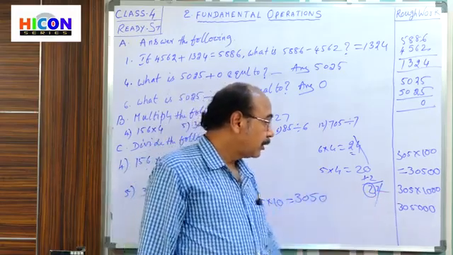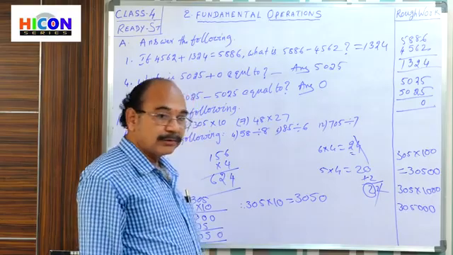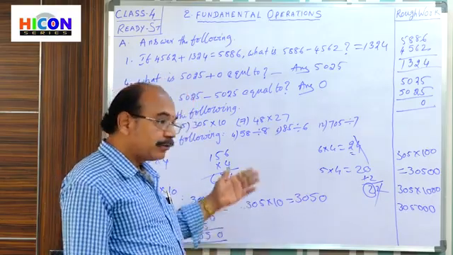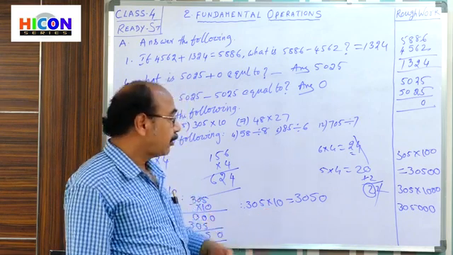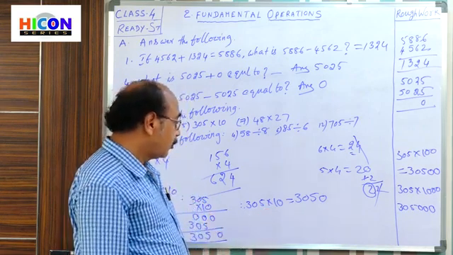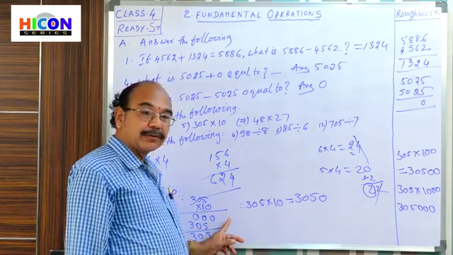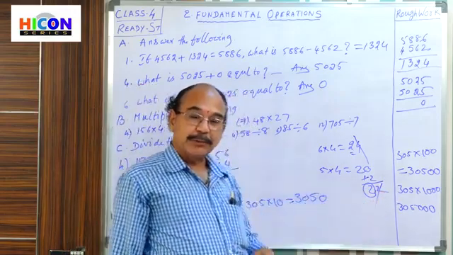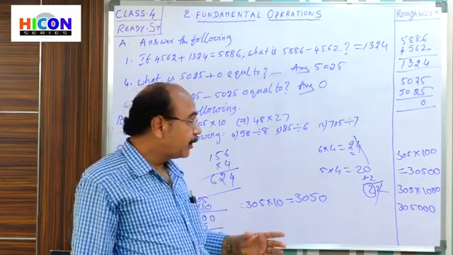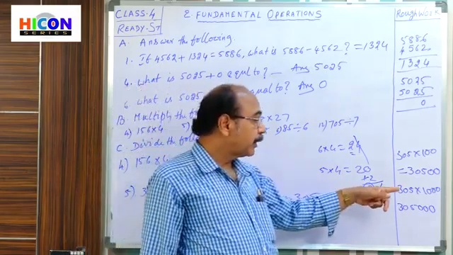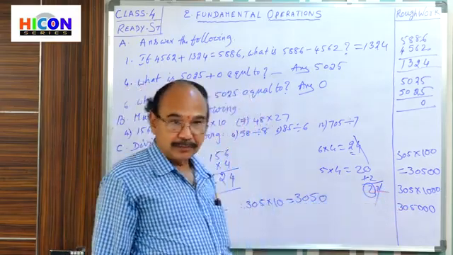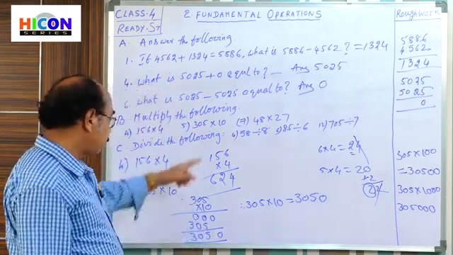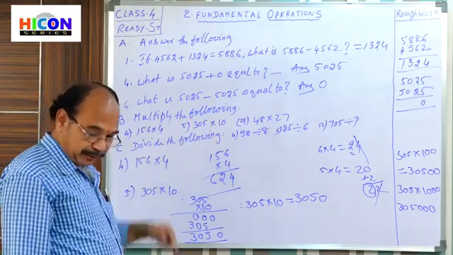This is the easy process of multiplying a number with 10, 100, 1000, etc. This is without actual multiplication, just by observing the order, we are multiplying very easily. Okay, children.